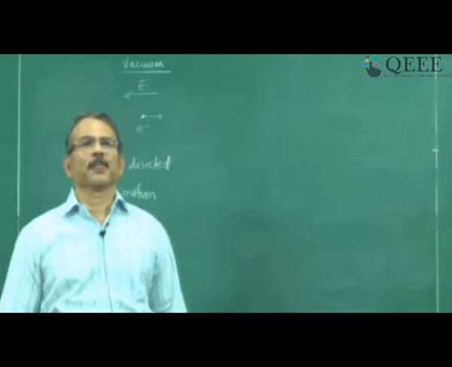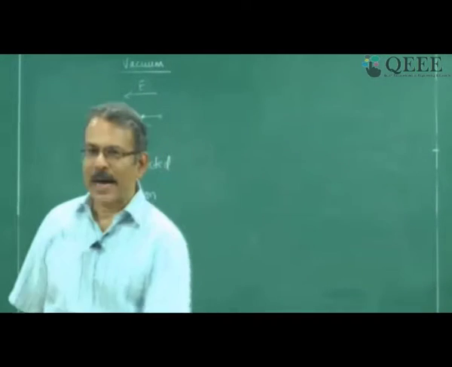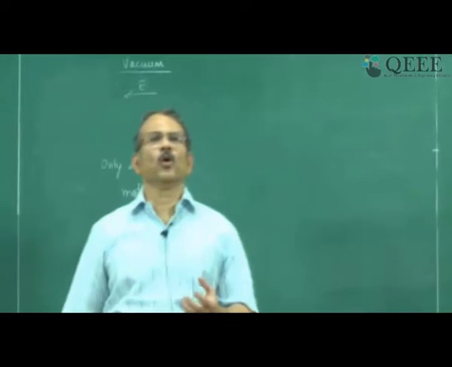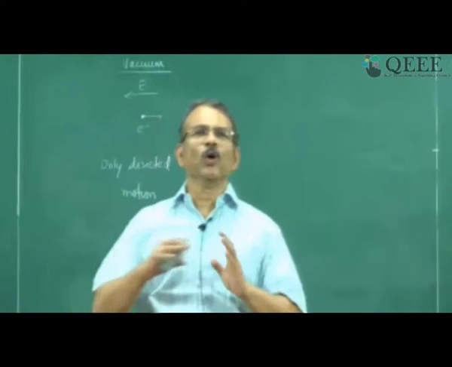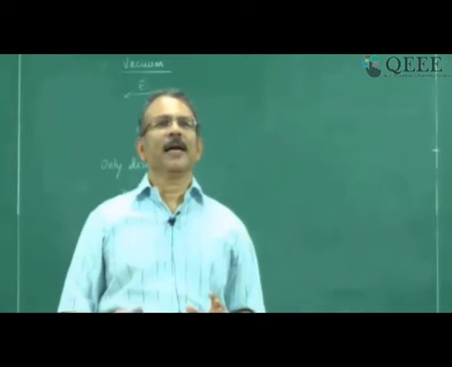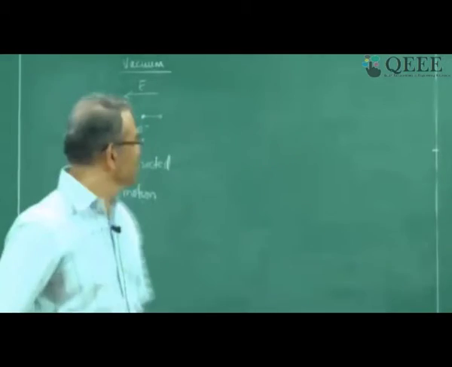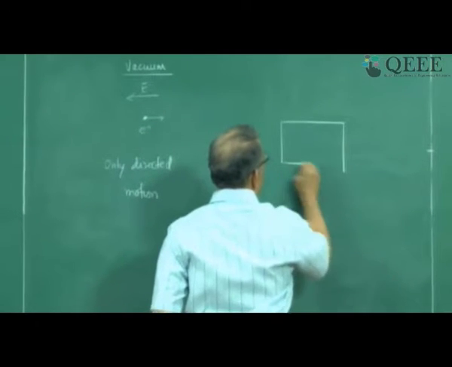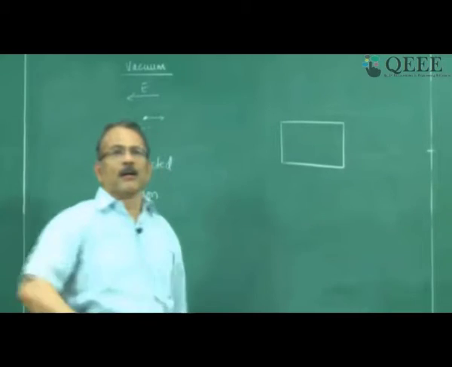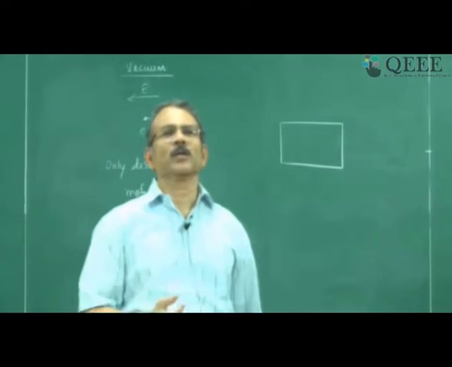This is the picture. Let us look at how electrons and holes move in equilibrium when no field is applied, no concentration gradient is applied, right? Isolated semiconductor. We just talked about how electrons and holes are created.